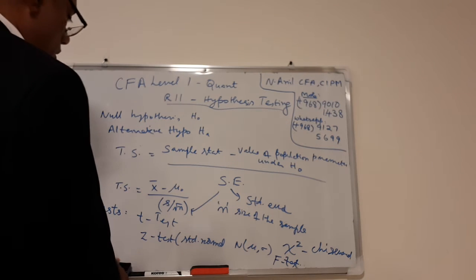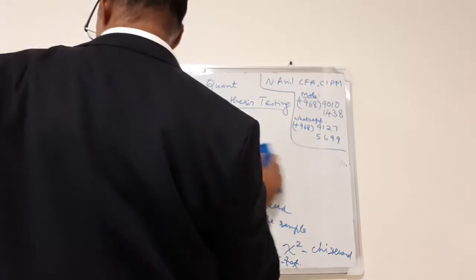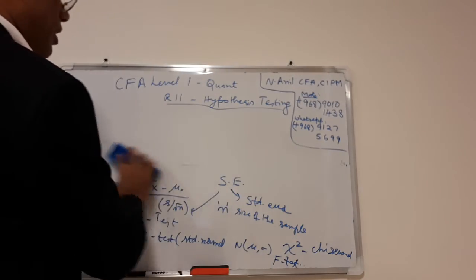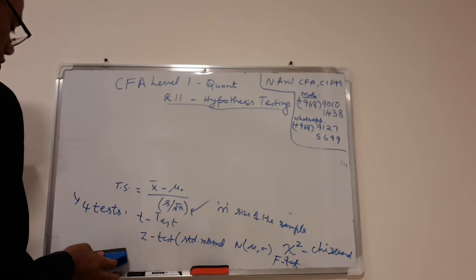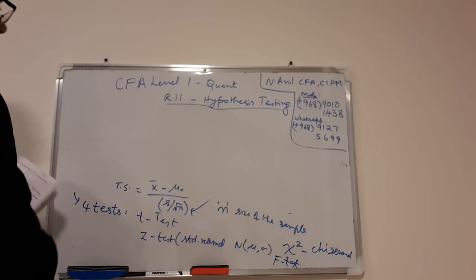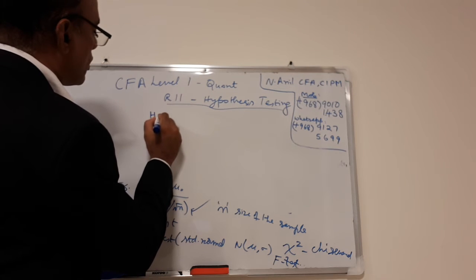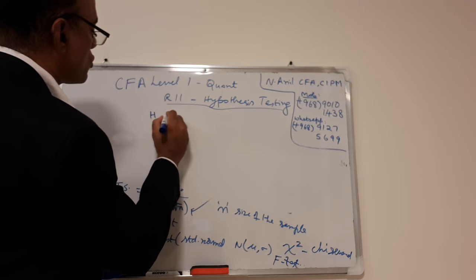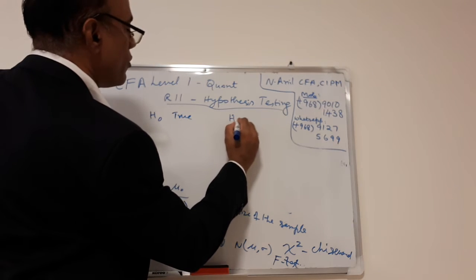Now there are of course type 1 error and type 2 error in hypothesis testing, which is what we need to know, how errors can happen. Suppose the null hypothesis is true, or the null hypothesis can be false.